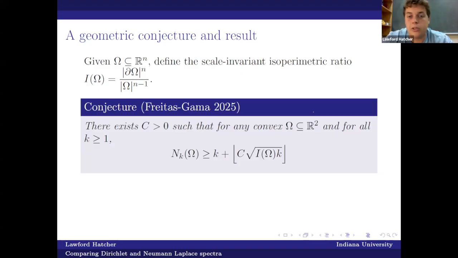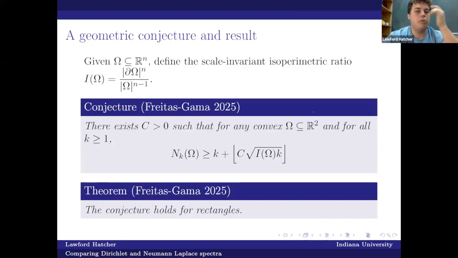You can see it in the preprint of Freitas and Gamma that the growth rate is like k plus square root of k, but there's some constant on the square root of k. And what they're conjecturing is that this constant for convex domains in particular is determined by the isoperimetric ratio in this way. And they managed to prove this conjecture for rectangles. This is still a wide open conjecture that I would very much like to solve, but I have not done so yet.